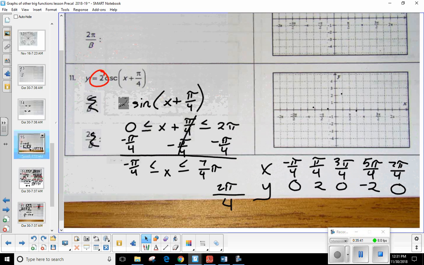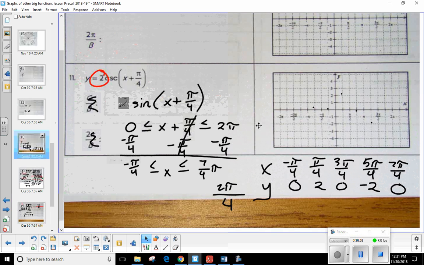Now we need 5 pi over 4, negative 2. Now look horizontally, how many units apart are these dots? Pi over 2, right? So we know the next one has to be 2 more units down, and then we go to what? To here. What's the next y? Yes, very good.